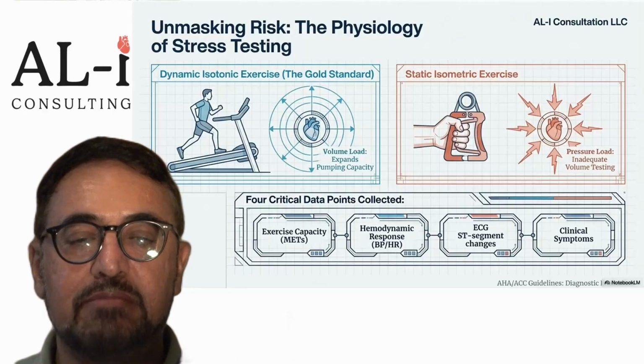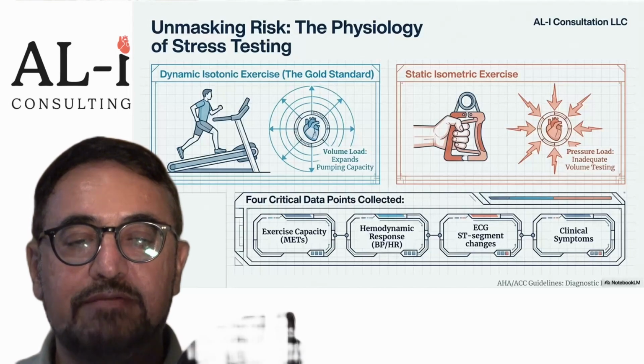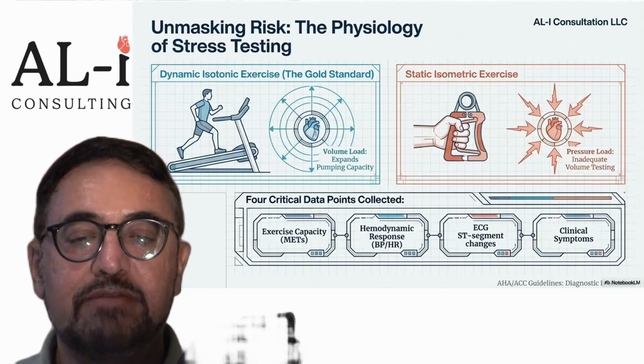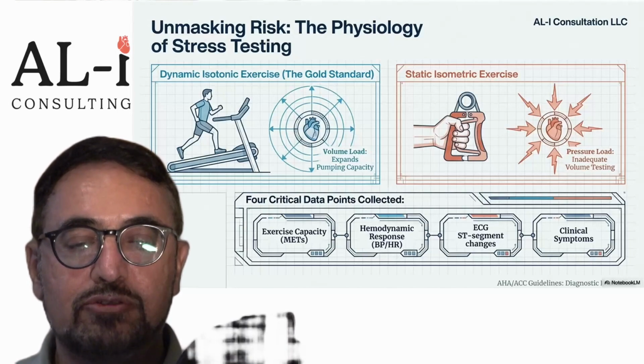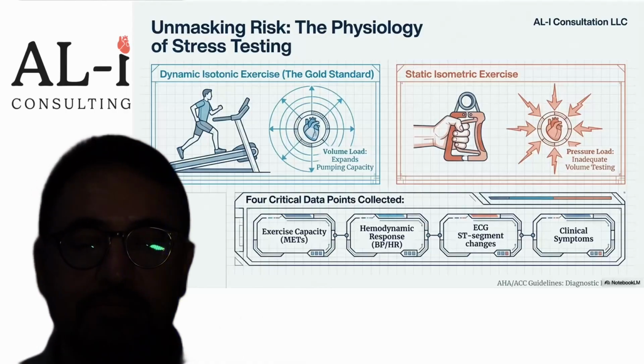These findings can be combined into the Duke treadmill score, which helps classify patients into low, intermediate, or high risk. This risk estimate then helps guide how aggressive we need to be with treatment and whether revascularization should even be considered. For those who cannot ambulate on the treadmill, we do pharmacological testing.